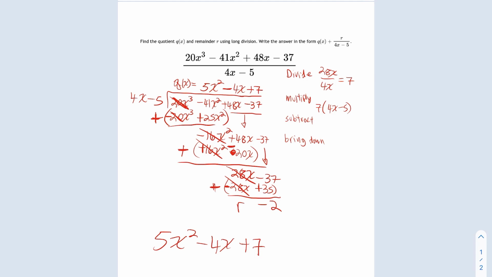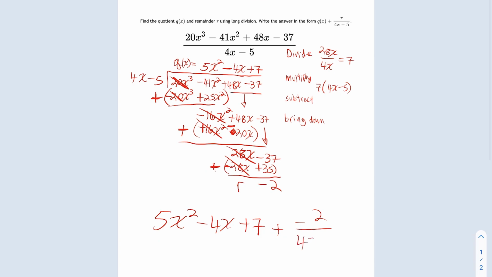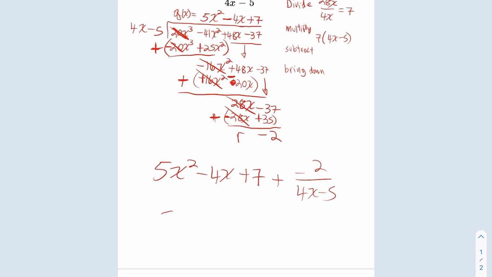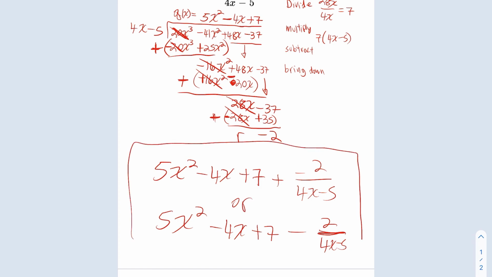And then plus r would be plus negative 2 over 4x minus 5. Or you can change that plus negative 2 and write it as 5x squared minus 4x plus 7 minus 2 over 4x minus 5. Either way, that's the final result.